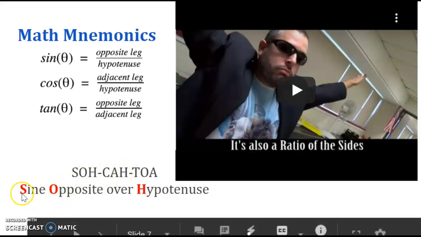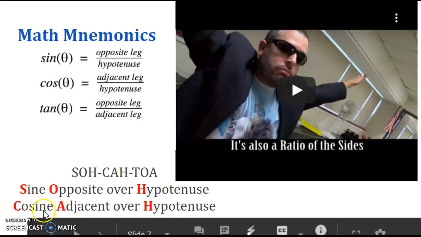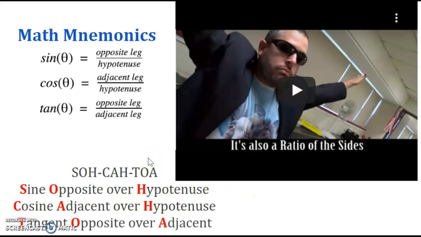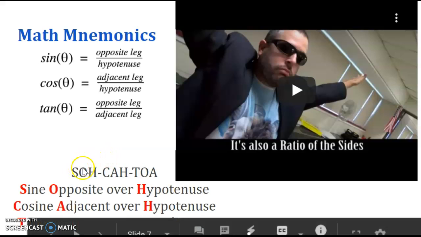SOH comes from sine is opposite over hypotenuse, and CAH comes from cosine is adjacent over hypotenuse, and then finally TOA is tangent is opposite over adjacent.